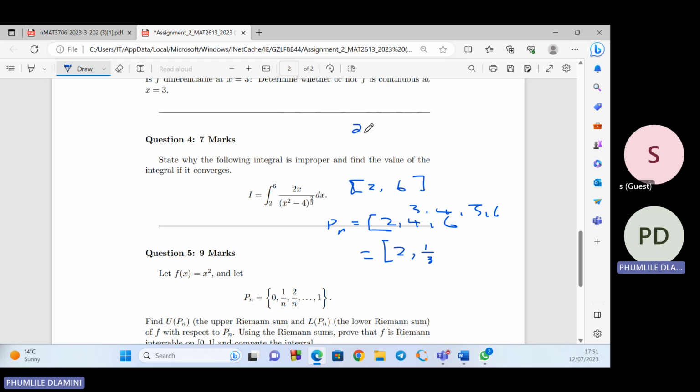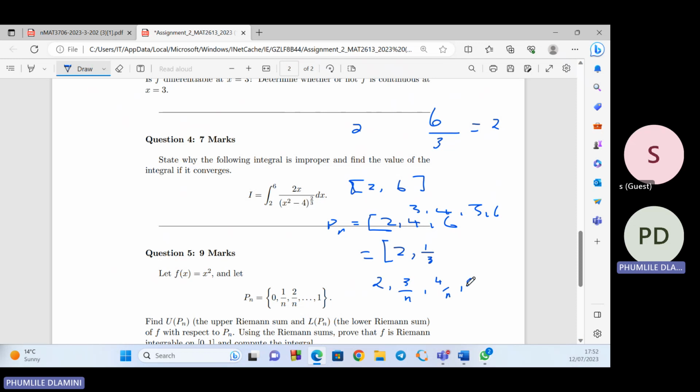If we divide it by 2, we have 1 over 3, so 6 divided by 3 gives us 2, which means we can write it as 2 plus 3 over n into 4 over n.